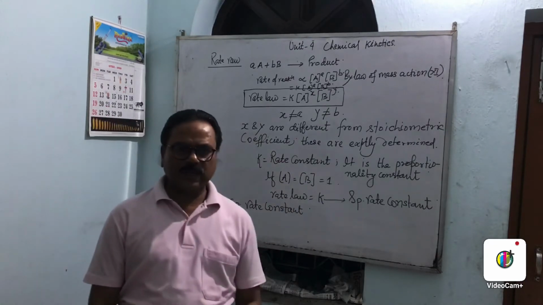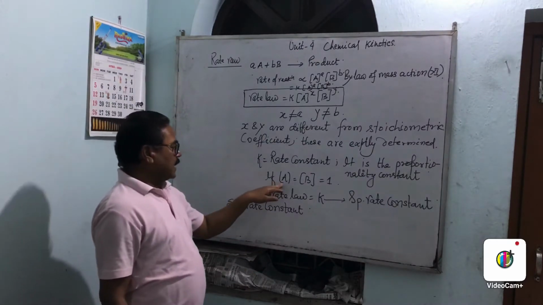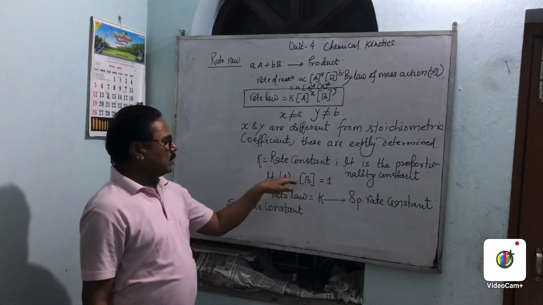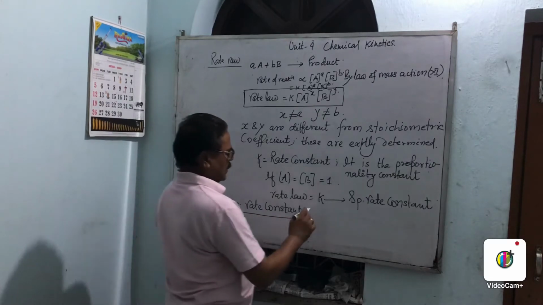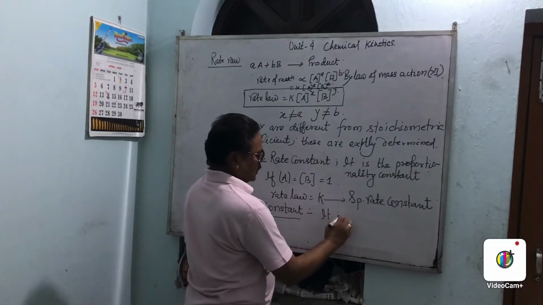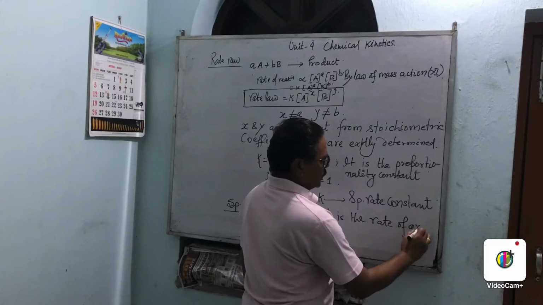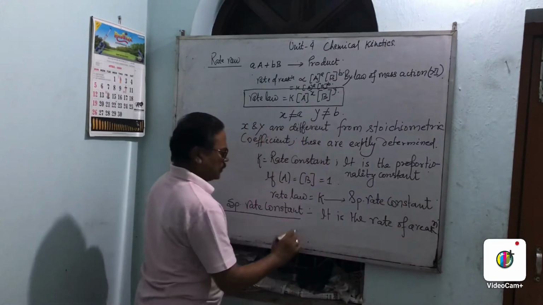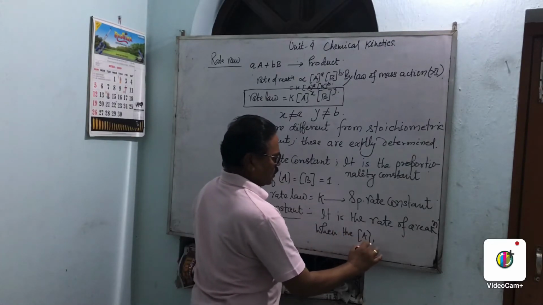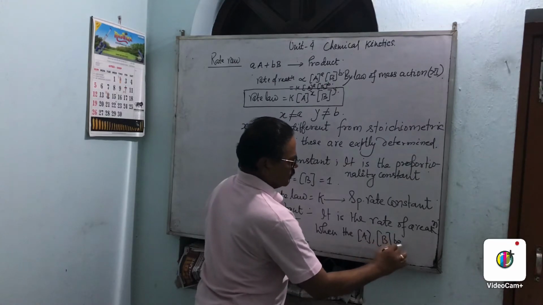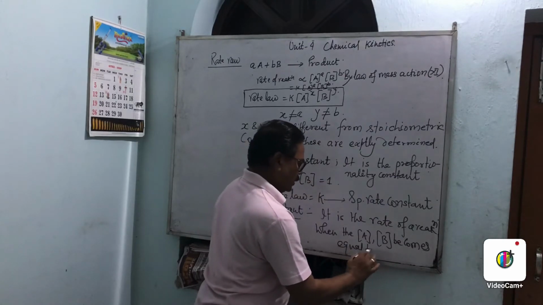A specific rate constant is the rate of a reaction when the active masses, or the concentrations of the reactants A and B, become equal to unity.